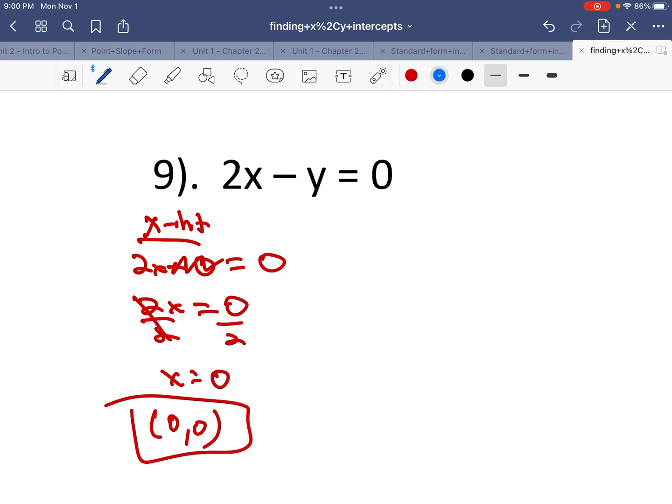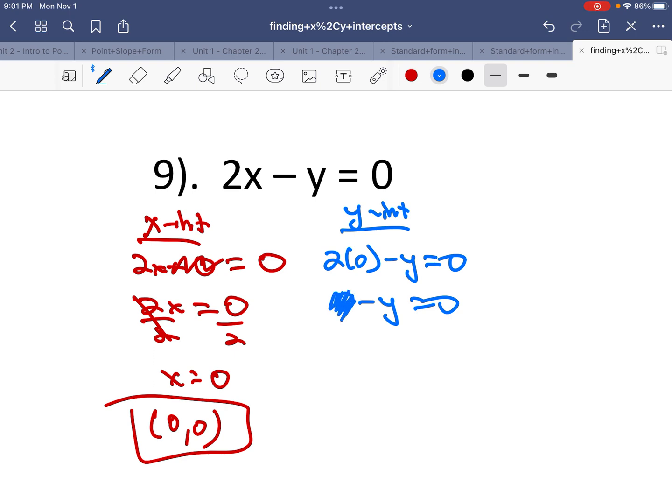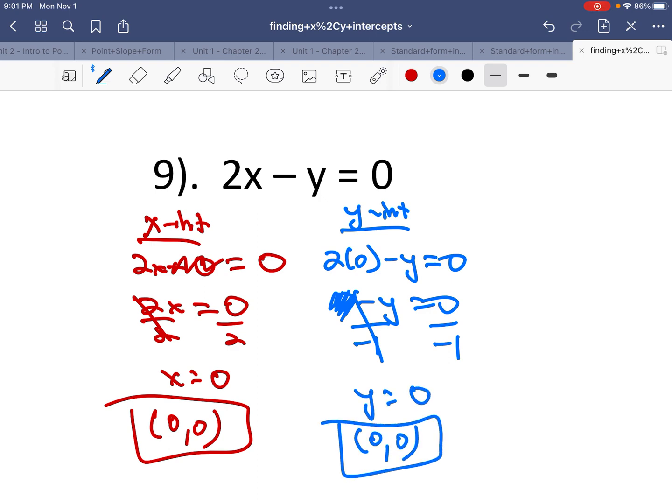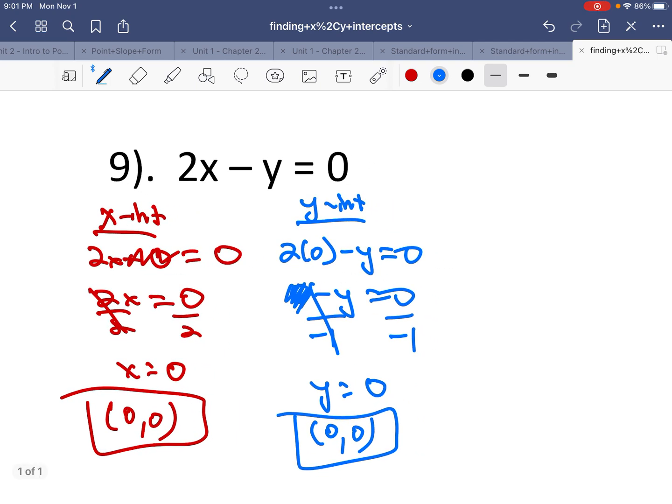And for number 9, the y-intercept, let x be 0. 2 times 0 is 0 minus y equals 0. I don't need the 0 anymore. Divide both sides by -1. Y equals 0 divided by -1, which is 0. So in this case, the x and y-intercepts are both 0, 0.